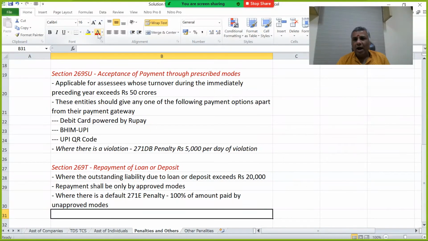Lender 269T, recipient 269SS. These are important to understand.